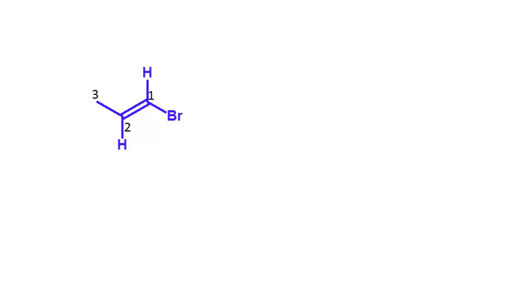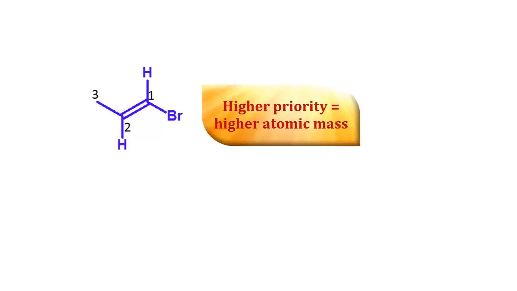Next, we decide which of the 2 groups attached to each carbon on the alkene is the higher priority. The group with the higher priority is the one with the greater molecular weight.